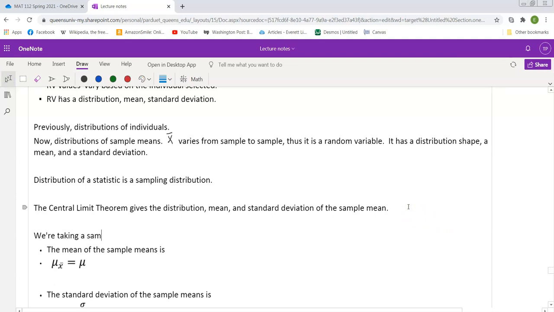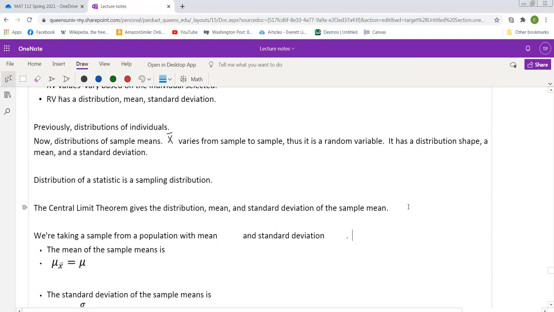We're taking a sample from a population with a mean of mu, which I'll have to fill in in a minute because this won't type mu for me, and a standard deviation of sigma.